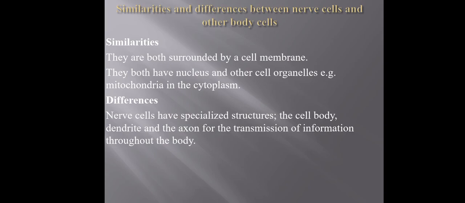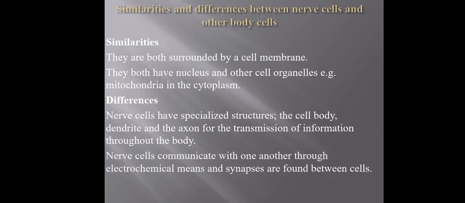On the other hand, other body cells do not have cell body, dendrite or axon. But neurons or nerve cells have dendrite, axon and cell body.